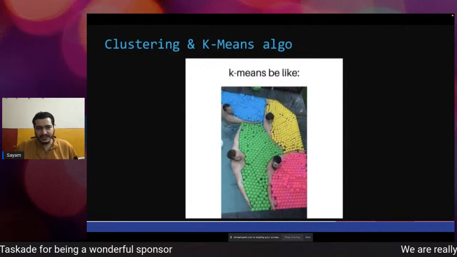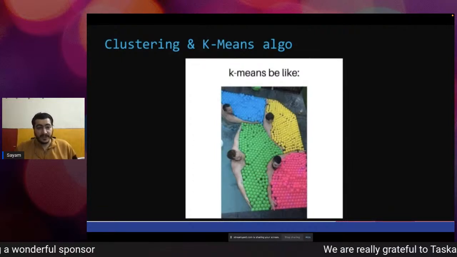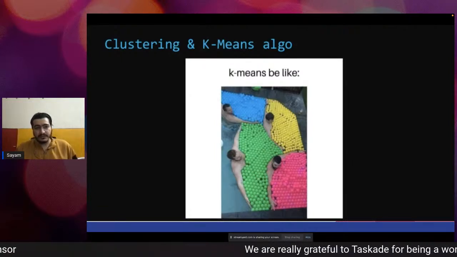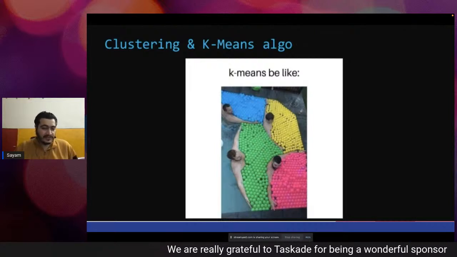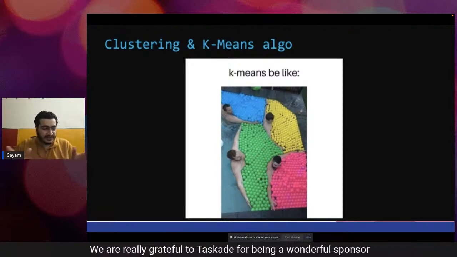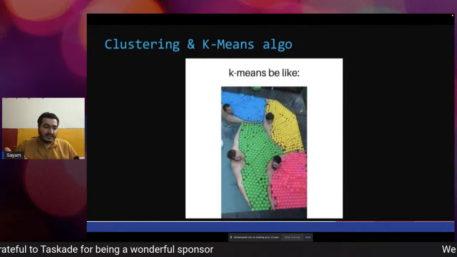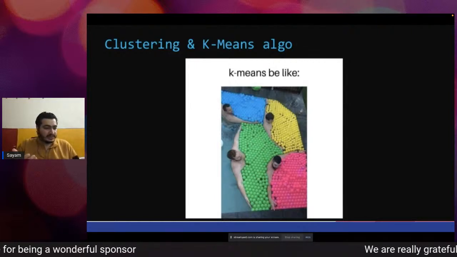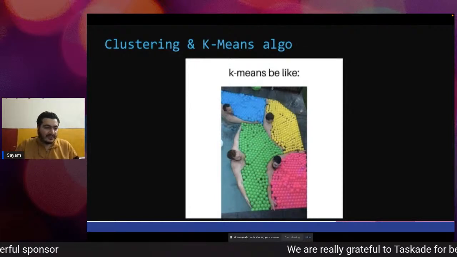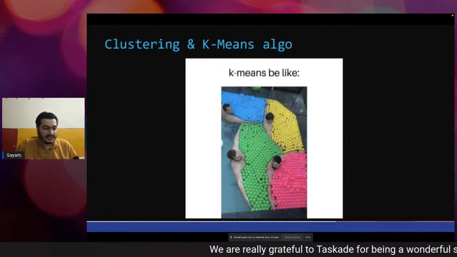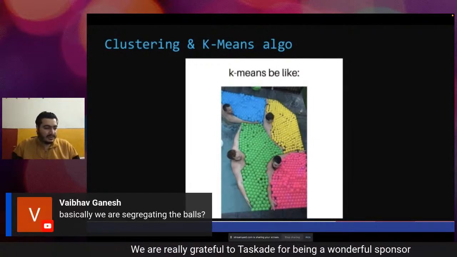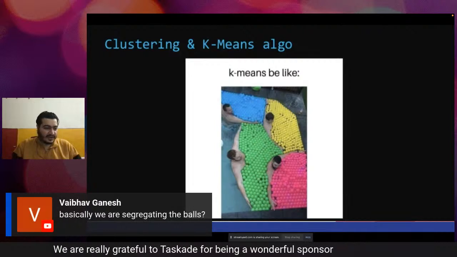Returning back, the clustering algorithm helps you cluster the various inputs, and then you can make use of this clustered data. We are segregating the balls. That's the entire idea.